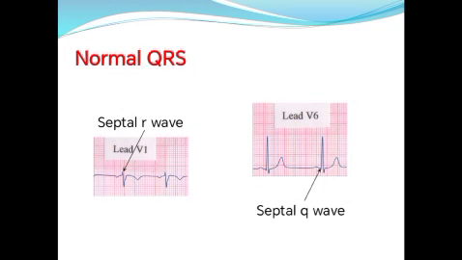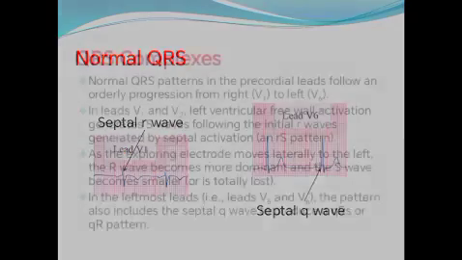We have a small R wave, and here a small Q wave, which is called septal Q wave. This is the so-called septal R wave in V1, and a small septal Q wave in lead V6.